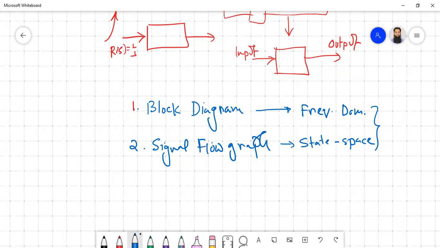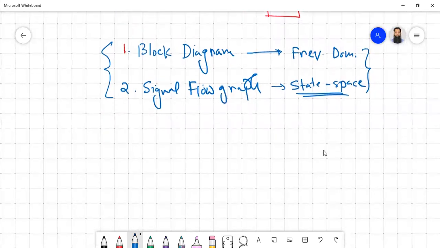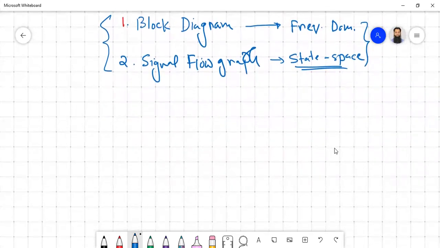Since we haven't studied the state space representation, we are going to apply both methods to the frequency domain or Laplace domain transfer function. We'll discuss the signal flow graph in detail later on. In the first part, we'll see the block diagram reduction. Then we'll see how signal flow graph can be used for reducing multiple subsystems into a single system.